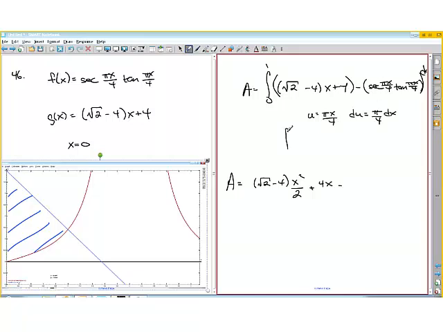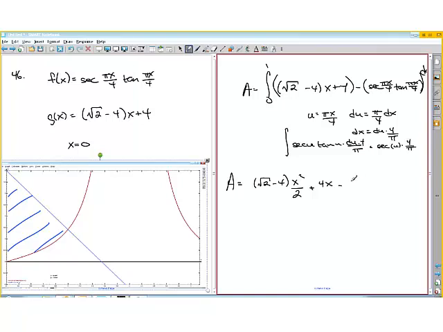Solving for dx, dx is equal to du times 4 divided by pi. So you get secant of u tangent of u times du times 4 divided by pi, which ends up being the secant of u times 4 over pi.